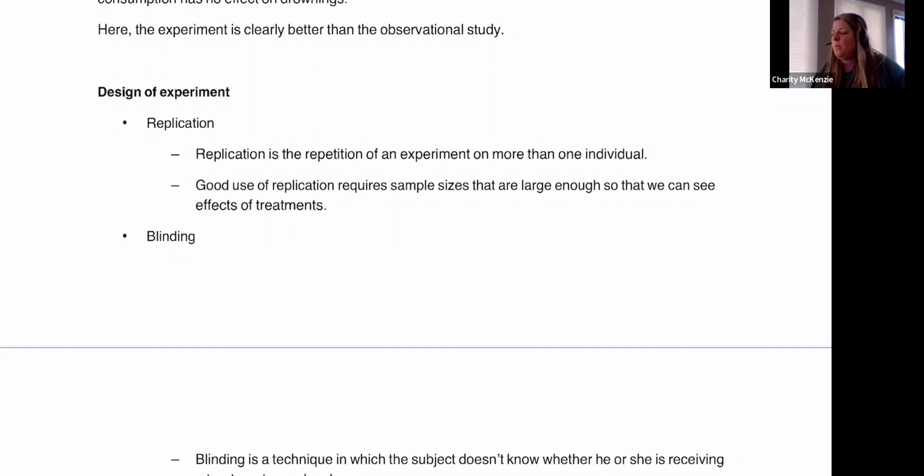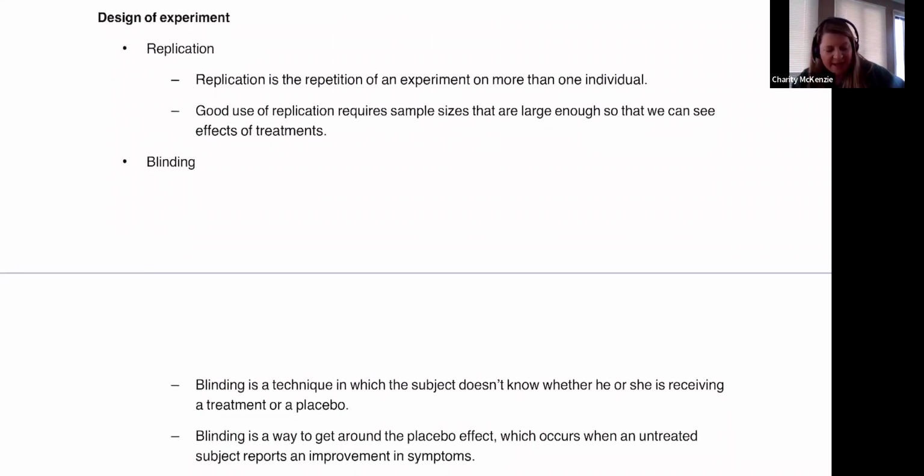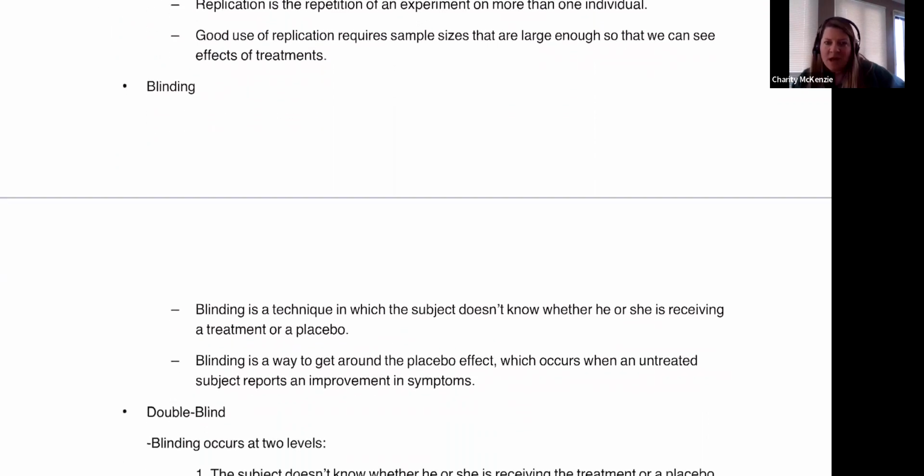So when I am designing my study and I am collecting my data, I need a lot of data. I need as many people as I can. When you do a study with so few people, it isn't really going to be meaningful. Okay, so replication requires sample sizes that are large enough so that we can see effects of treatment. So replication, you need a big sample size, right?